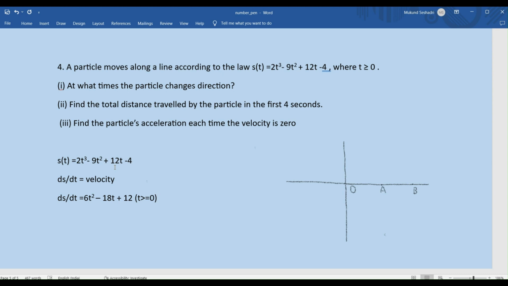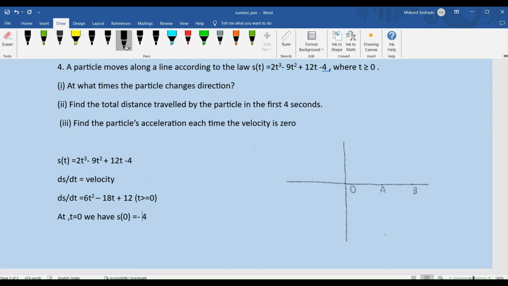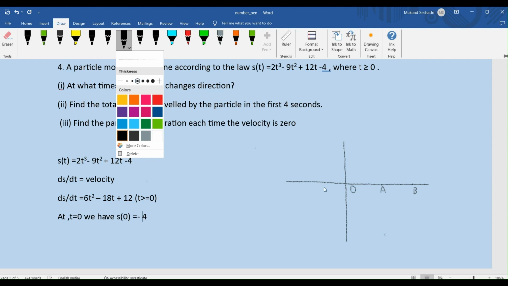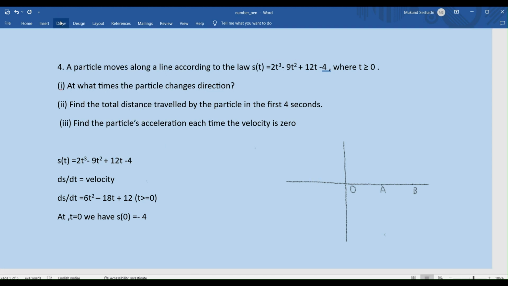So we've been asked to find at what time the particle changes direction. The way we understand this is you have a particle that moves from a particular point. Now we need to find out at what point the particle is located. At t equals 0, we have s of 0 equals, I'm sorry, minus 4. So we have the particle located here. Let me go back to the pen.